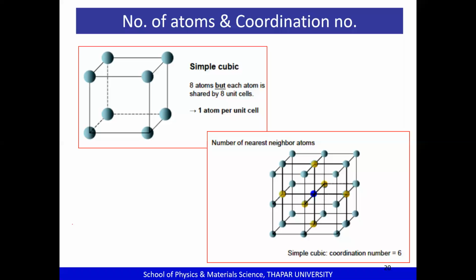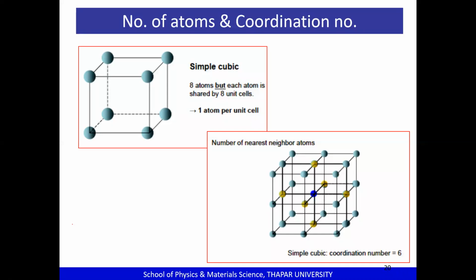Okay, so let's start with the simple cubic symmetry. On the topmost image, I have shown a simple cubic symmetry with a lattice point at every corner, and we had practiced this. There are 8 lattice points, each contributing only 1 by 8.